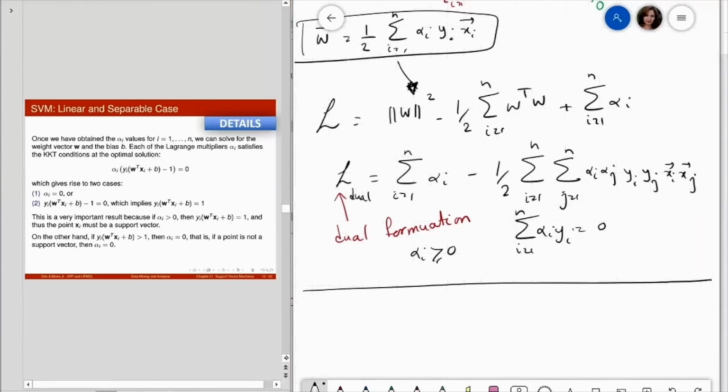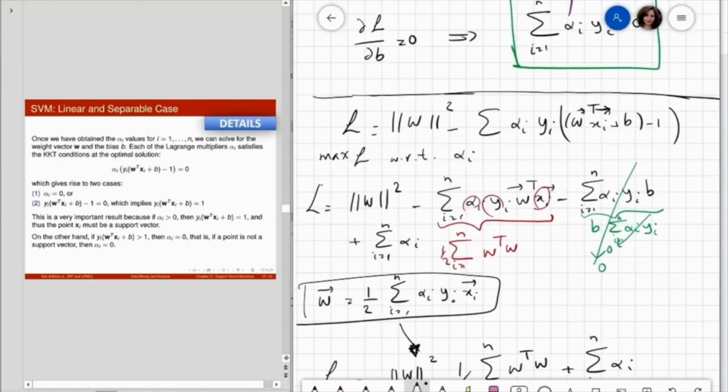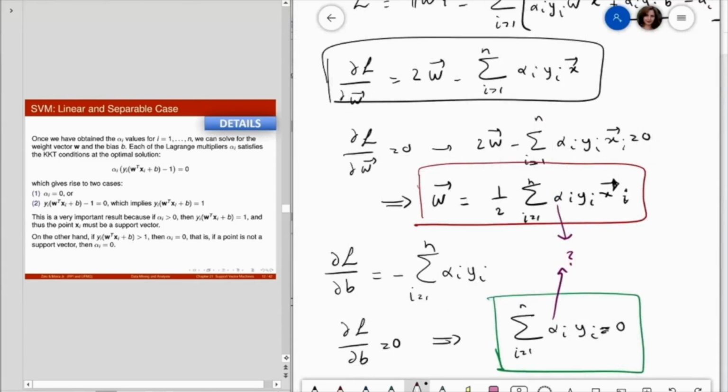But the issue here is the number of parameters that I have to learn. I have to learn n different alpha i's, because we have an alpha i for all data points. We define this alpha i as a constraint for all of our data points.